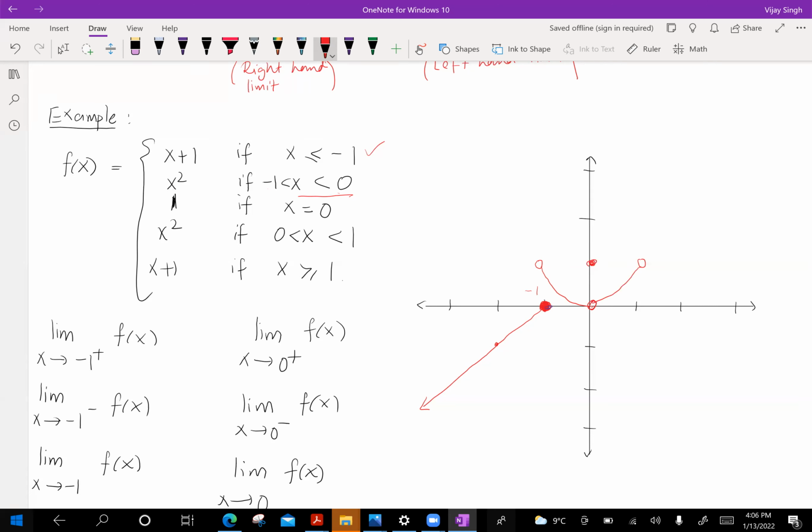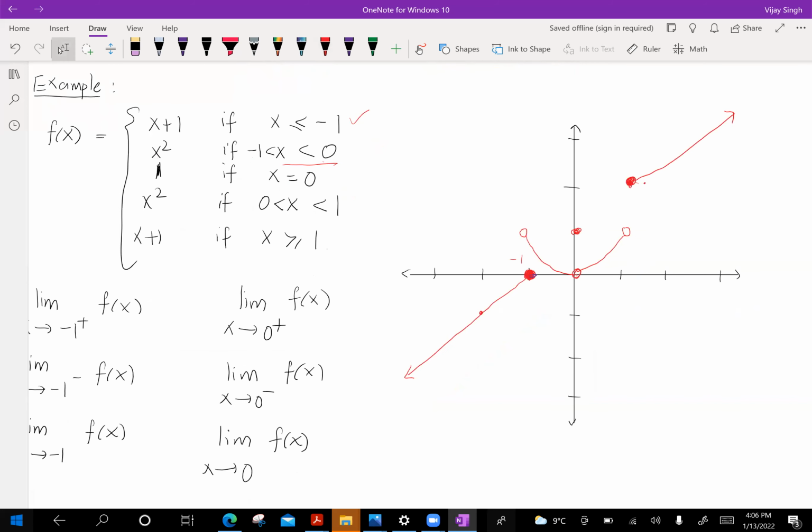And after that, for x greater than or equal to 1, it's still x plus 1. It's a line, 2 points needed. When x is 1, it is 2, and after that it is defined by a line like that. So this is the graph of the function.